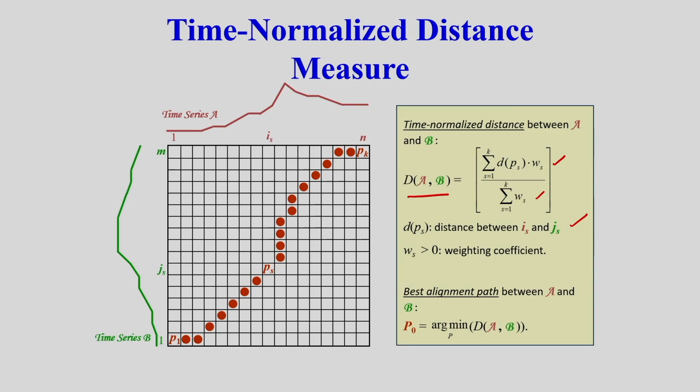So that is the time normalized distance between A and B, because the distance is divided by the sum of the coefficients. So what is the best alignment path between A and B? The best alignment path is nothing but the minimum distance between the time series A and the time series B.